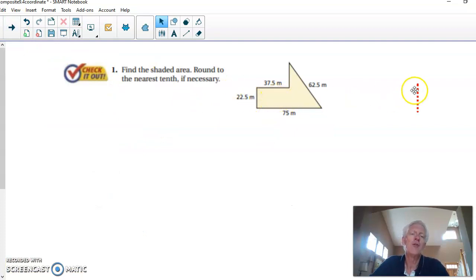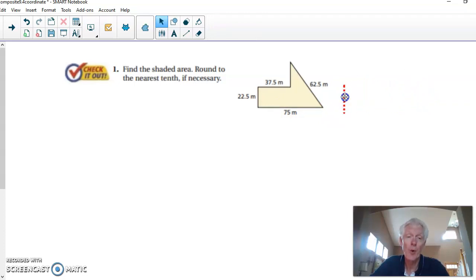Here's another one. I had this discussion with Brother Bill the other day. This is actually a pentagon. It doesn't look like any pentagon we've ever seen, but it is a 5-sided polygon. It's not a regular pentagon. Figure out the area of this. I think what you could do is use the red dotted line and break it into two parts.